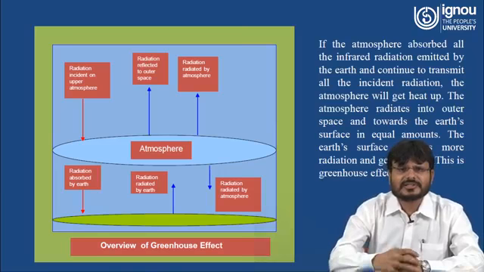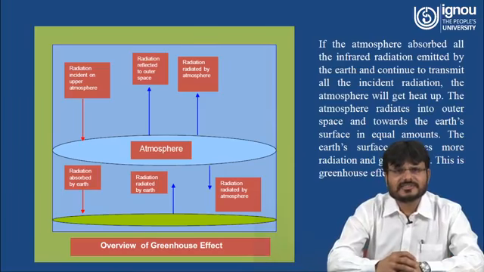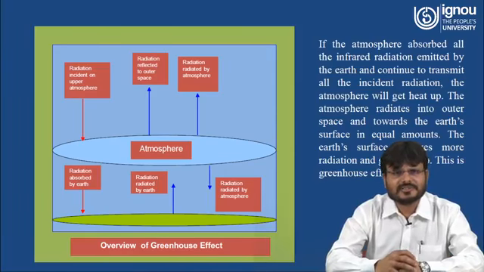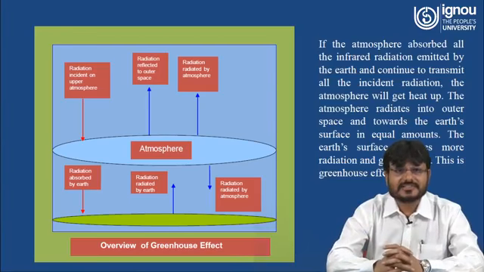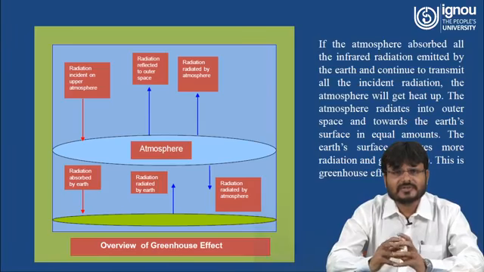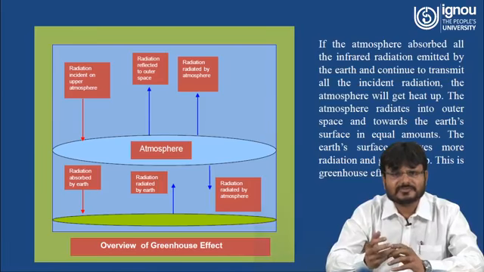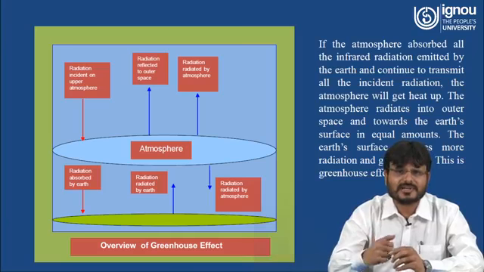Now again you can understand, as solar radiation is incident on the upper atmosphere, it comes to the ground, and some radiation is absorbed by the earth, and some radiation is reflected back. The radiation reflected is again reflected by the atmosphere to the earth.